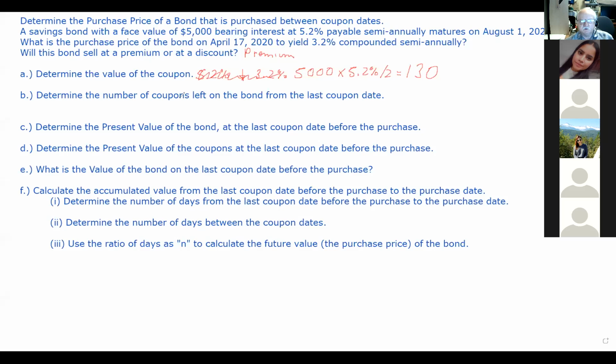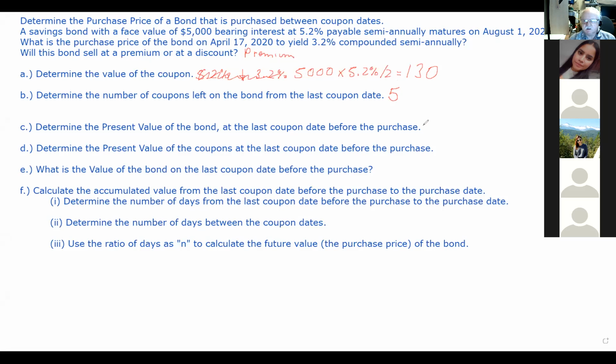Go back to our screen here. So determine the number of coupons left on the bond from the last coupon date. We've determined that the number of coupons is 5. That's all we need there. Determine the present value of the bond.